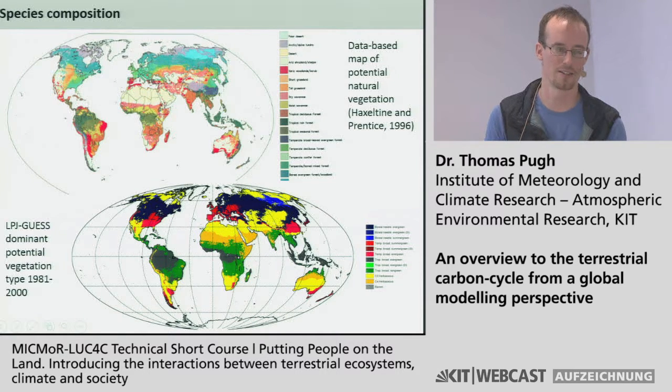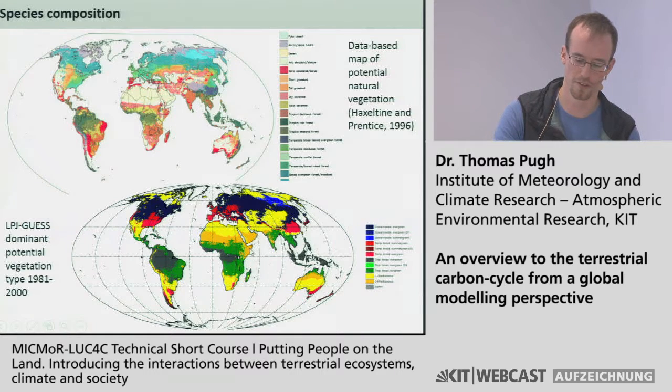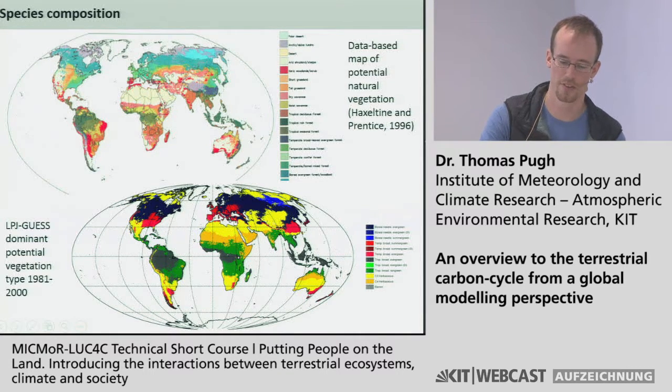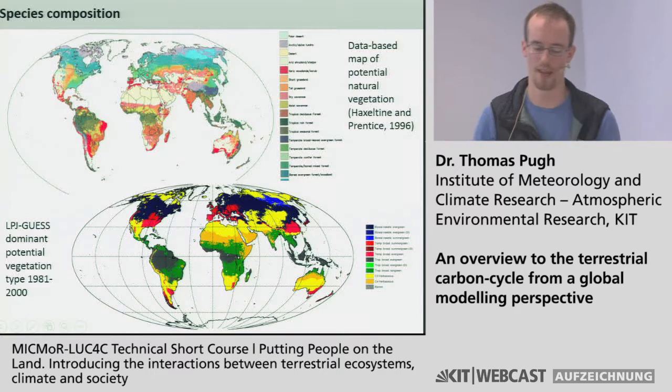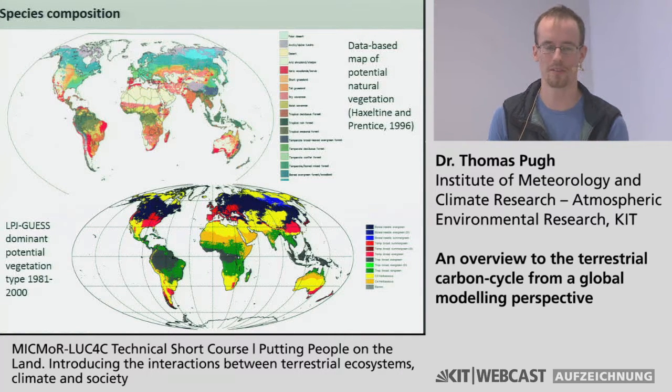You saw in the earlier talks just how much of the land surface is strongly affected by human management and land use change. But you can see that the broad features agree. So the tropical forests are quite similar in their extent, and also the boreal regions. We even get the Siberian larch forests out here, more or less. These models do a reasonable job of getting the biosphere at least as it is now. Going into the future, that's a completely different question.